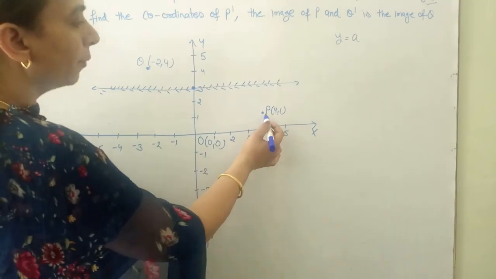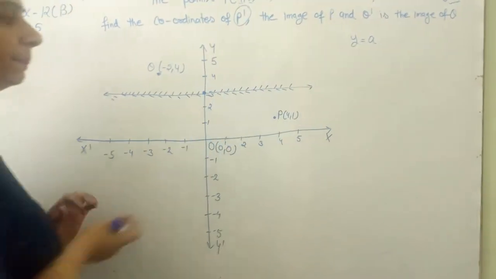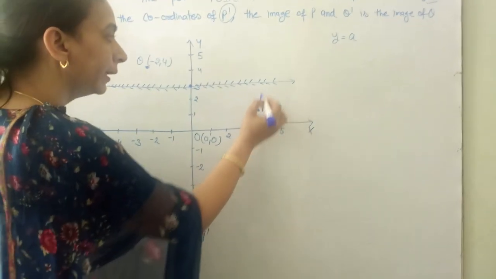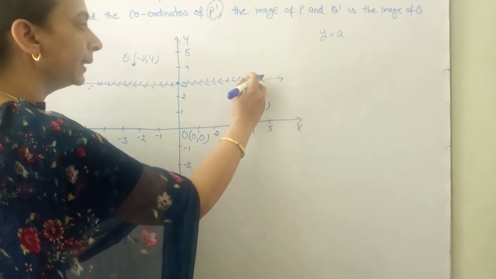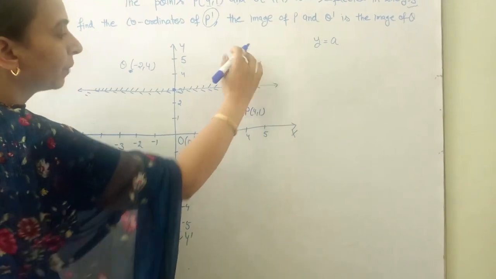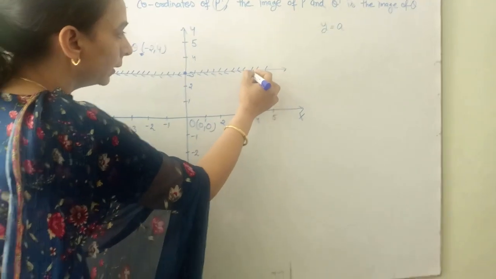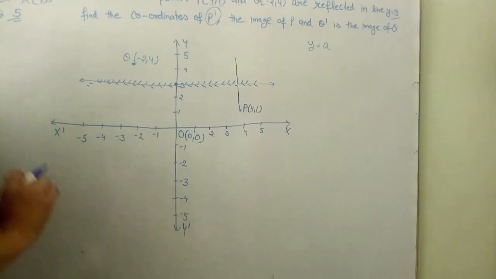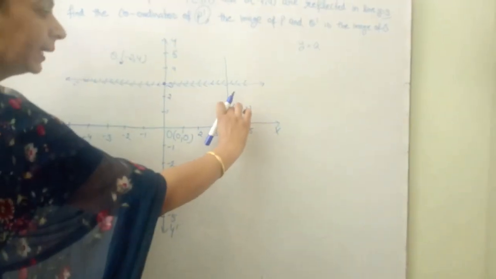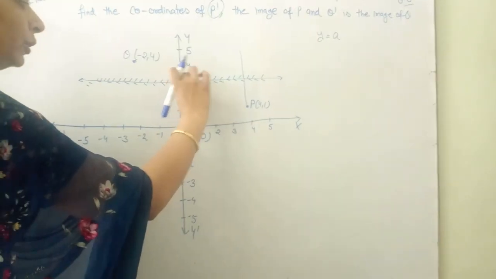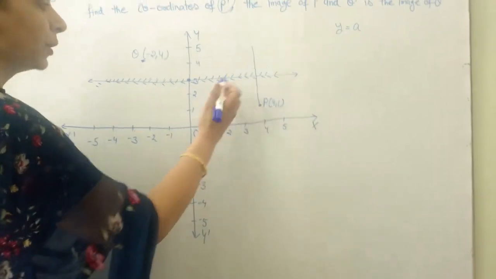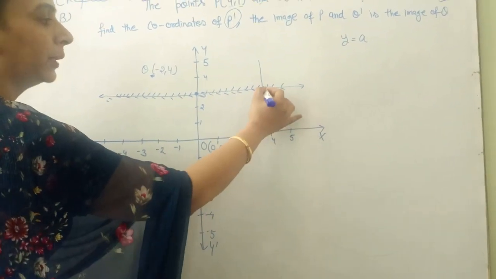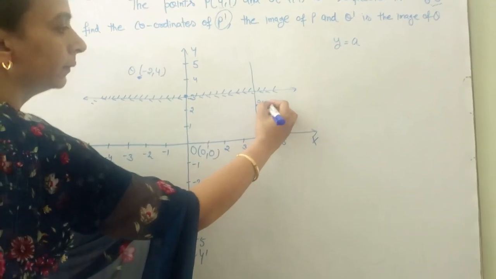If the reflection of P is P dash, image of P, we find the point P dash. Student, point P is reflected in this line, then its image is here. This is the distance, and the same distance for the image of the point. This is y equal to 1 and y equal to 3, so this is a 2 unit distance.